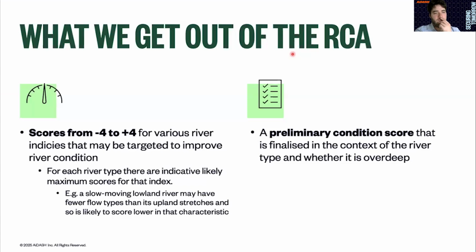So you're not going to have a super diverse flow type in a very slow moving lowland river. It would be counter to that river's natural ecology to introduce things like waterfalls and maybe riffles and other stuff like that, depending on where you were. And so maybe we shouldn't strive for that. And that's accounted for in the RCA process.